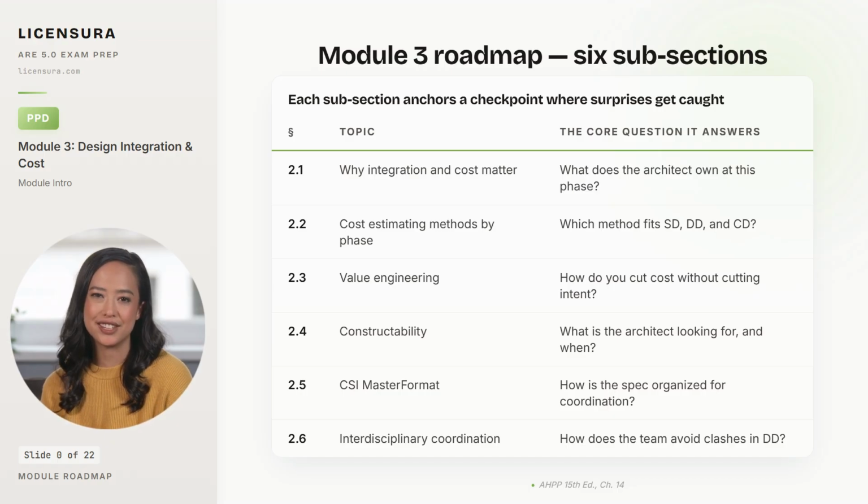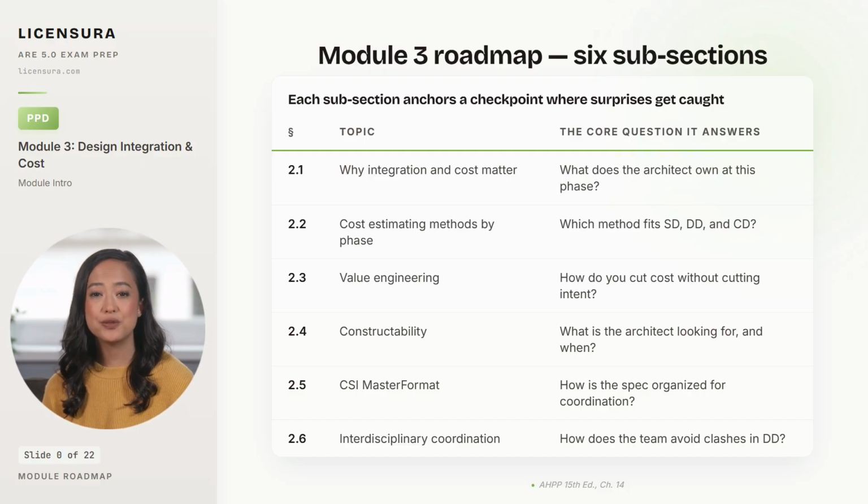And 2.6 is interdisciplinary coordination during design development, the phase where structural, mechanical, electrical, and plumbing get reconciled with the architectural design before clashes become construction surprises.